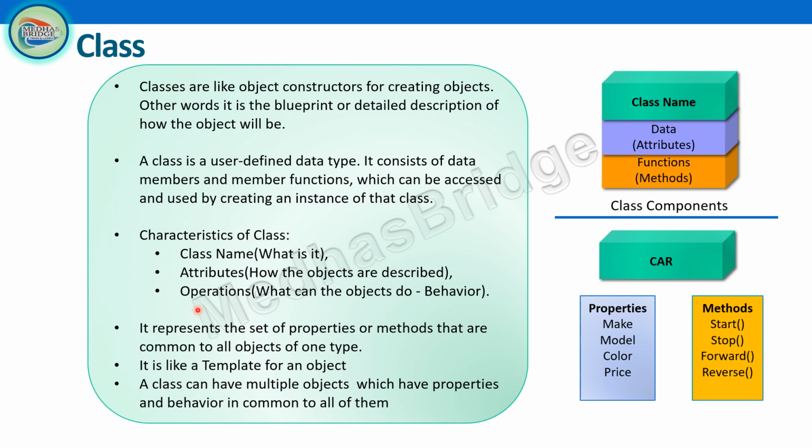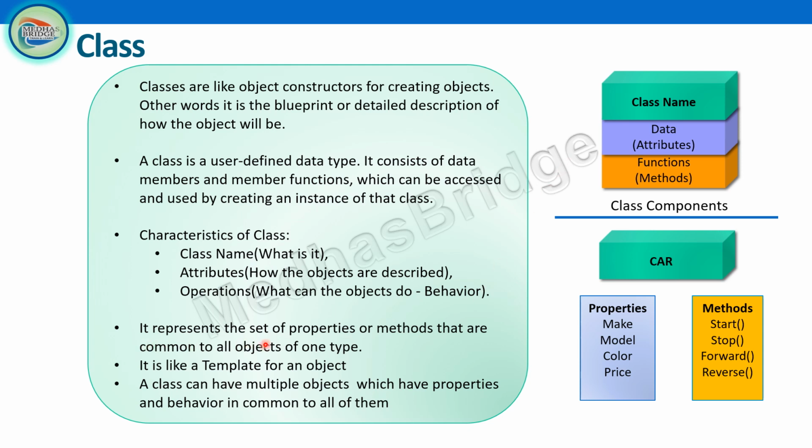Another thing is operations. What can the objects do, like the behavior of the class? For instance, methods for a car class like start, stop, forward, reverse. In a nutshell, class components mean class name, data section, and functions and method section.